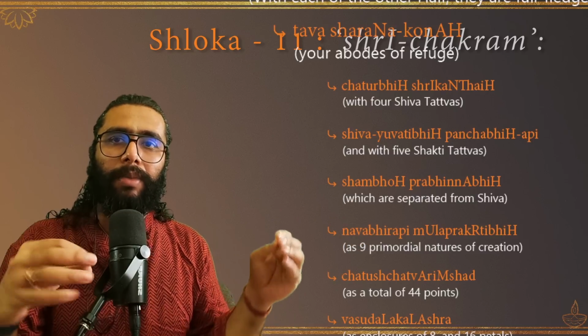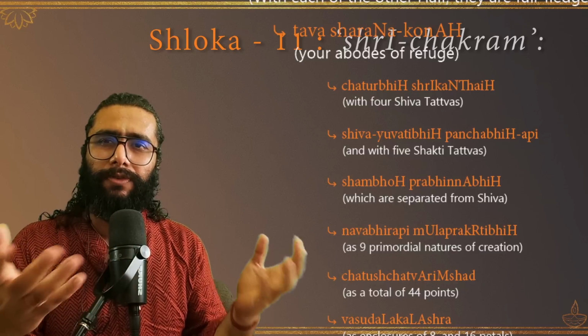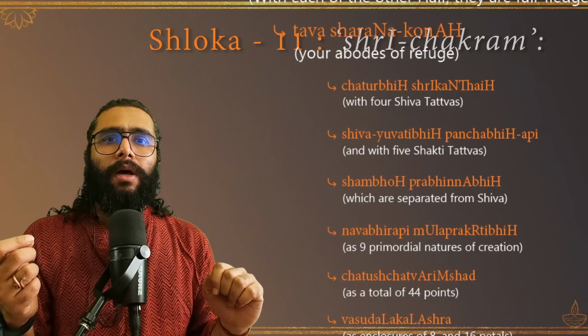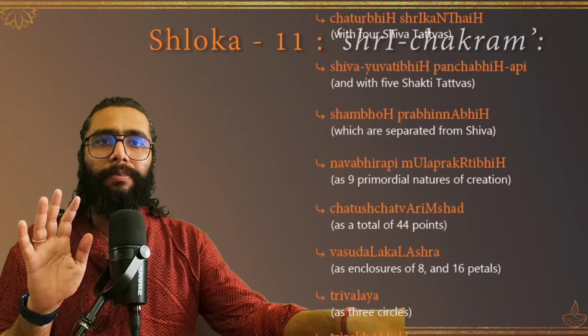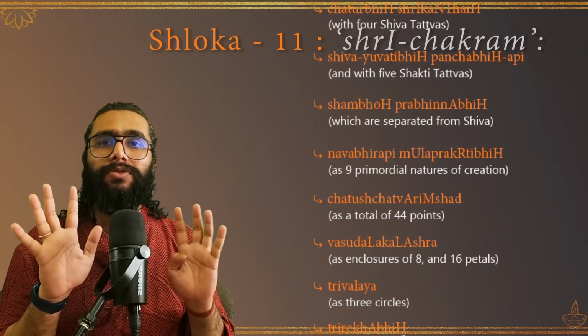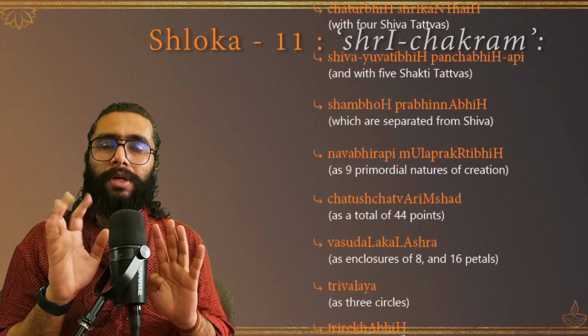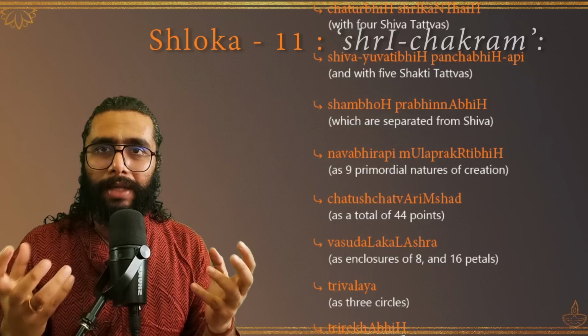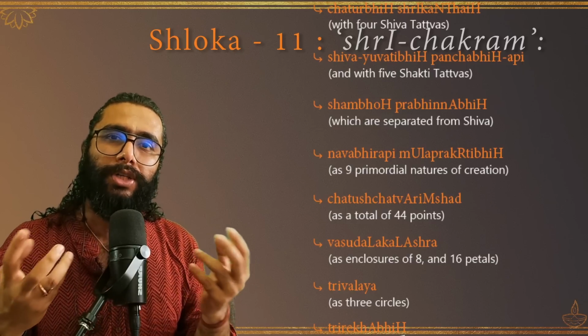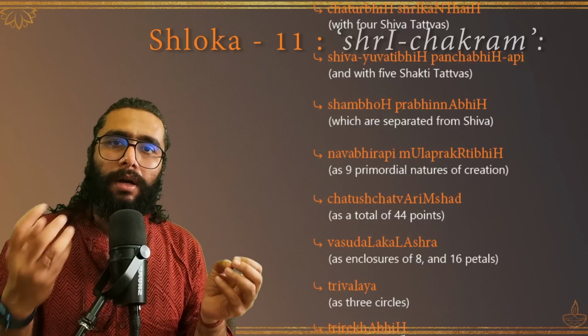Shambhoh prabhinnabhi. Bhinna is that which is different, separate, distinct. And then Navabhirapi Mula Prakriti. These 5 and 4, Shiva and Shakti, coming together, there are 9 such primordial natures of creation. Mula Prakriti is the root cause for creation to spring forth. There are 9 of those.